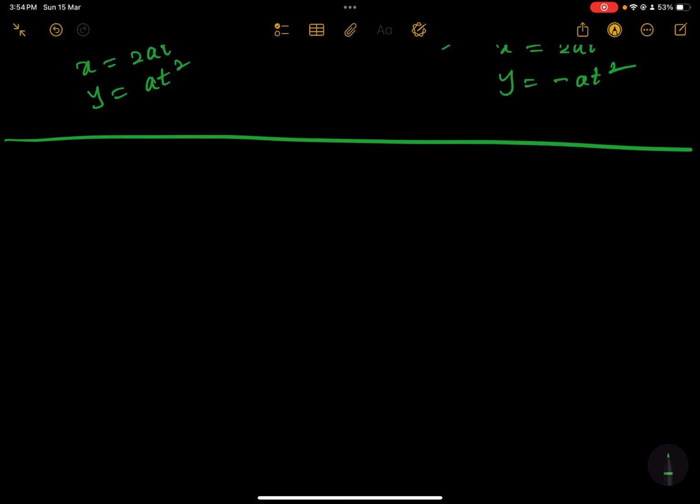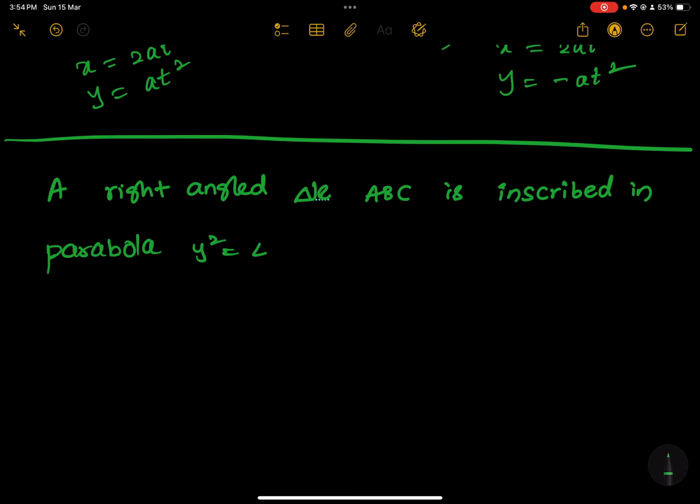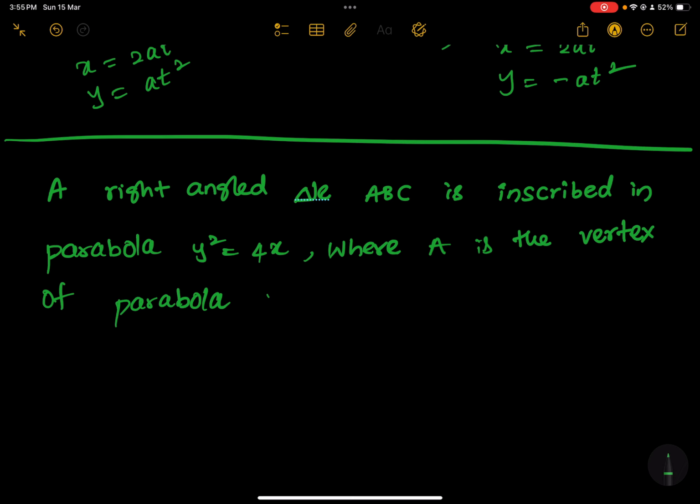Okay, so the question goes like this: a right angled triangle ABC is inscribed in the parabola y square is equals to 4x, where A is the vertex of the parabola and angle BAC is 90 degrees.